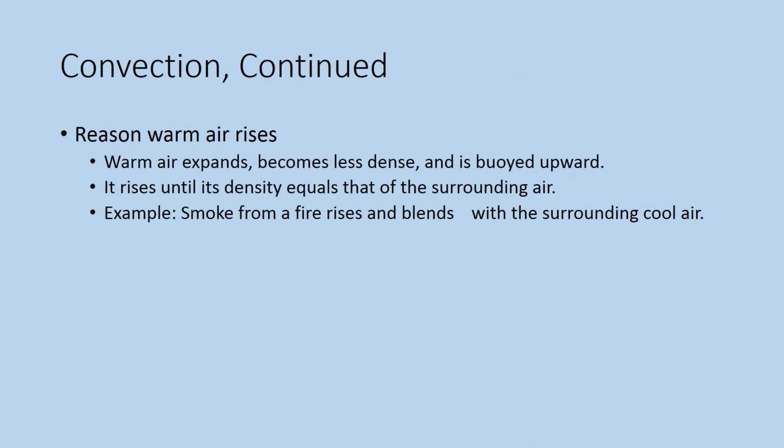Another example of convection heating of a mass of air can be observed from the smoke from a fire, which rises and blends with the surrounding cooler air, therefore transferring its kinetic energy to the colder air, and therefore cause heating of that colder air above the level of the fire, and that smoke can rise over many tens of meters to cause the heating to occur well above the surface of the earth.